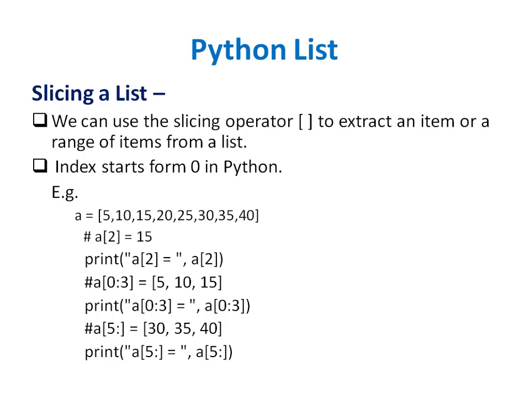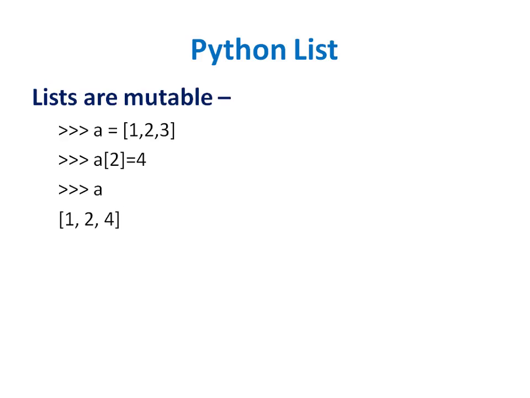Similarly, a[5:], we have not specified the end index. So in this case, it is going to print from index 5 up to the end. Index 5 is at 30, so it is going to print 30, 35, 40 up till the end. We can also skip the front index. If we skip the front index, then it is going to print from the beginning. Lists are mutable, as already told.